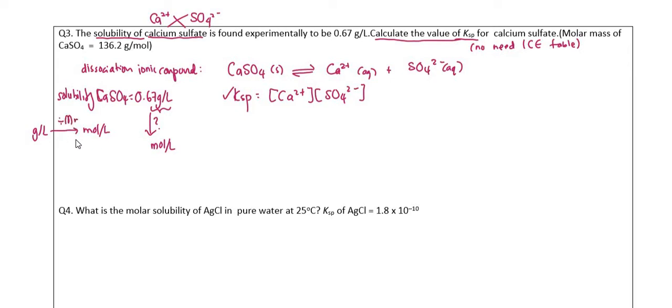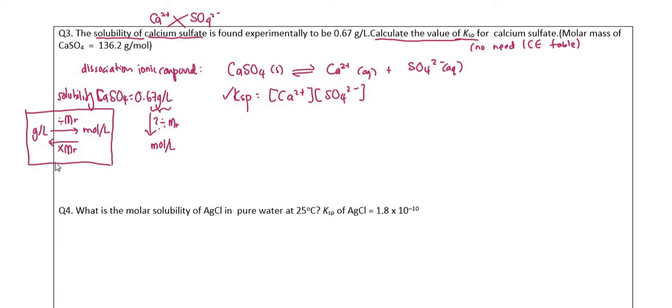If you want to convert from mole per liter into gram per liter, you have to multiply by the molar mass of the ionic compound. You must remember this. Okay, so for this case, you have to divide by Mr, the Mr for calcium sulfate, your ionic compound.